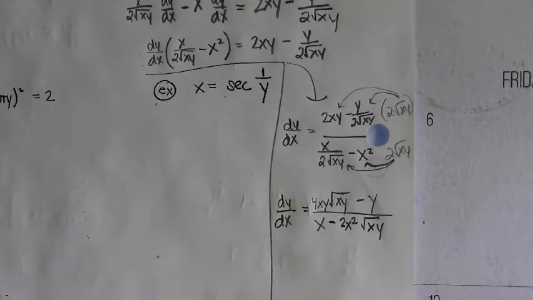If you wanted to, you could GCF a y out of the top and an x out of the bottom, but you're not going to see anything different or cancelable. Okay? Do we understand the process?